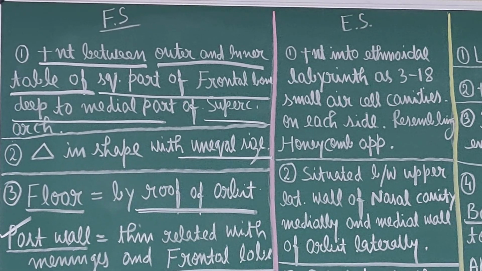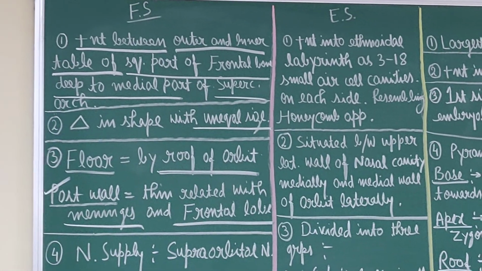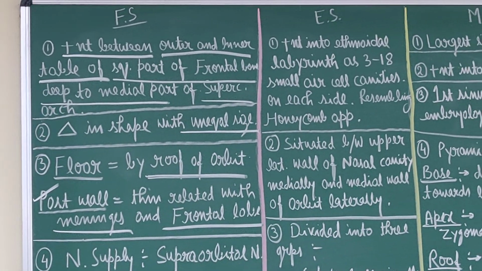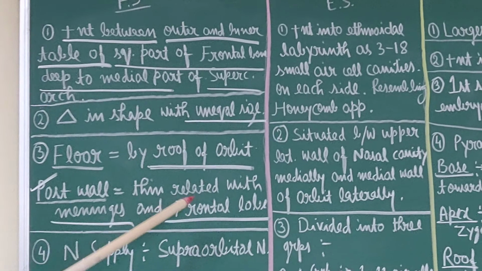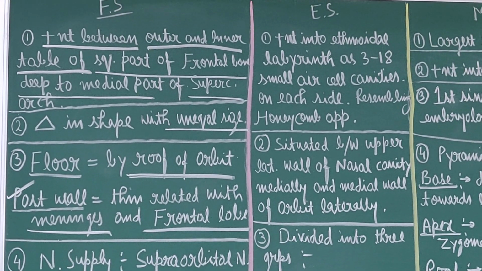It is the frontal lobe that is present in the anterior cranial fossa. The posterior wall is directed towards the anterior cranial fossa and is related to the meninges and the frontal lobe of the cerebrum.